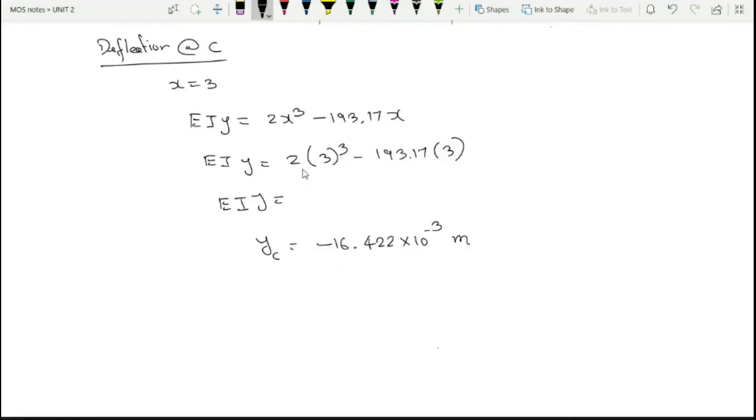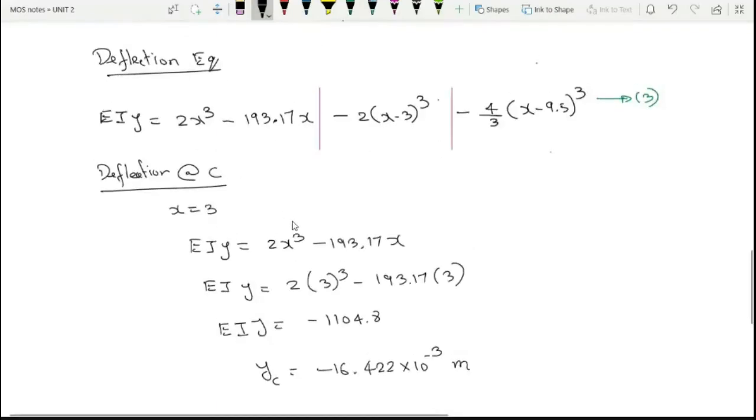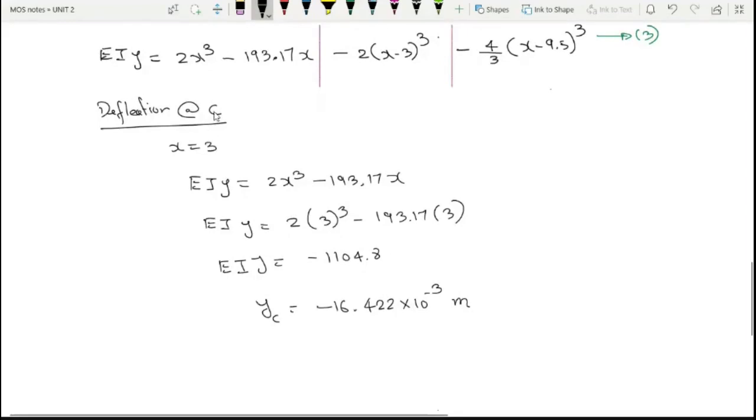So what is this value actually? 2 into 3 cube minus 193.17 into 3 is minus 1104.8. Okay? Right. So similarly, to identify deflection at location D, you know what you have to do, right?